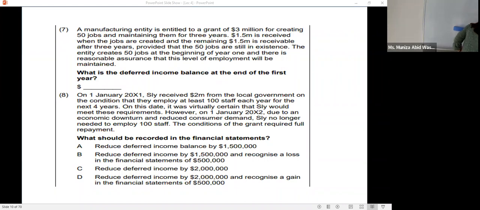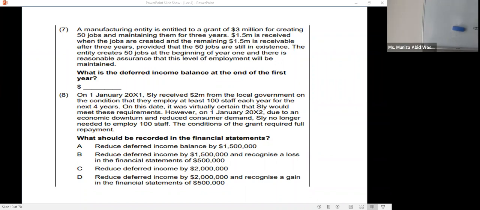In deferred revenue, at the end of the year, the balance would be $0.5 million. Got it? Because 2 million has actually to be deferred, but we have already received 1.5 million. So the liability, the deferred income, would be 0.5 million or 500,000 at the end of the first year.